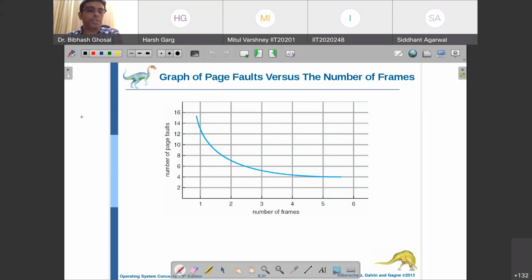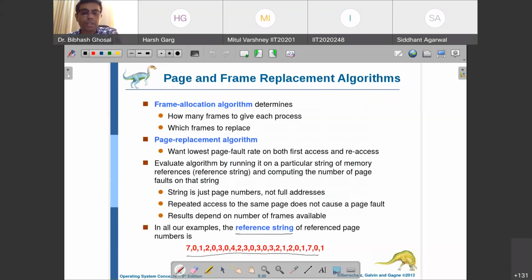What I mean is, let's see. Suppose this is the reference string, and I just have 3 frames. This is the string that I have, which are the page numbers, and I just have 3 frames. Let me give an example.